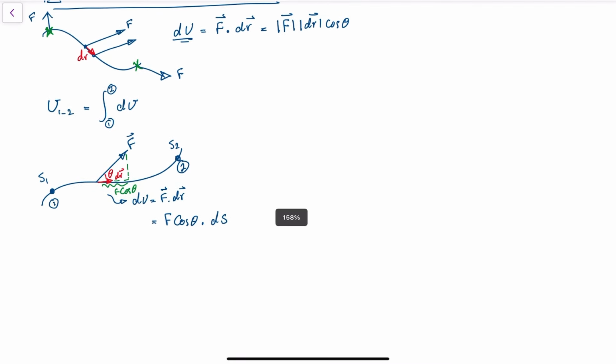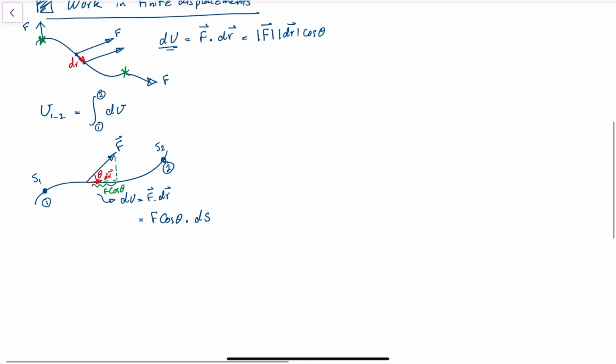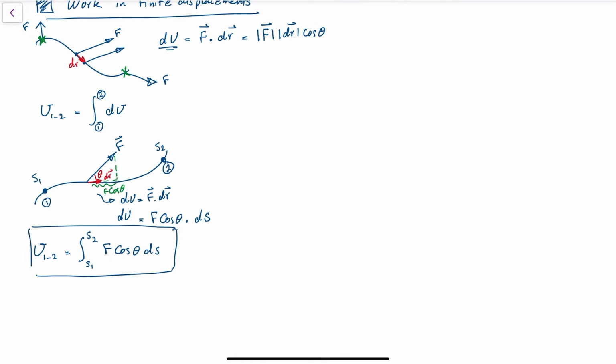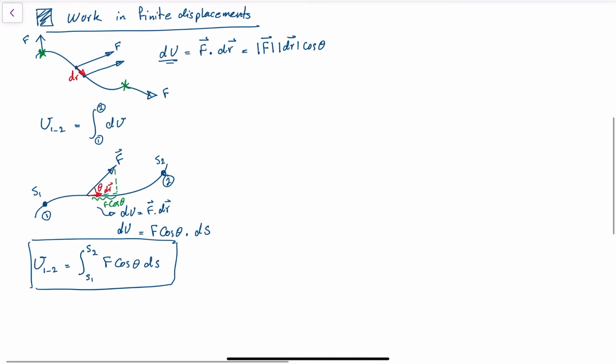This is dU, and when we have that, the integral of that, the total work from point 1 to 2, is going to be the integral from s1 to s2 of F cosine of theta ds. And that is how you can calculate the amount of work for a finite displacement.